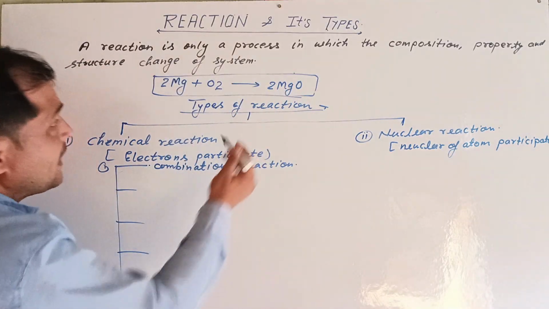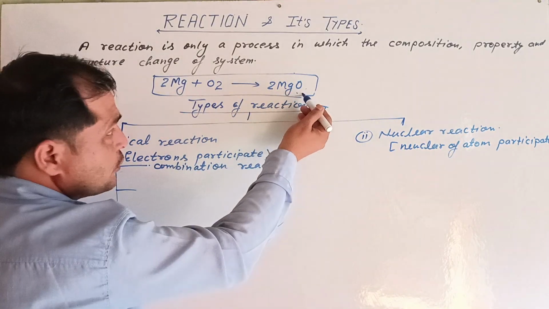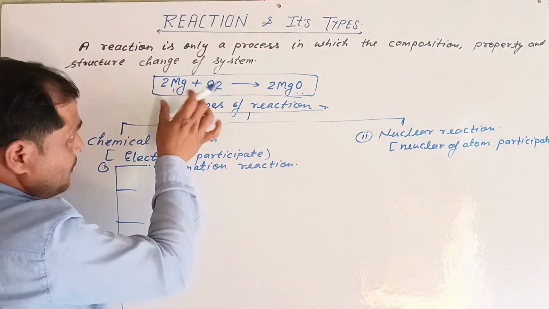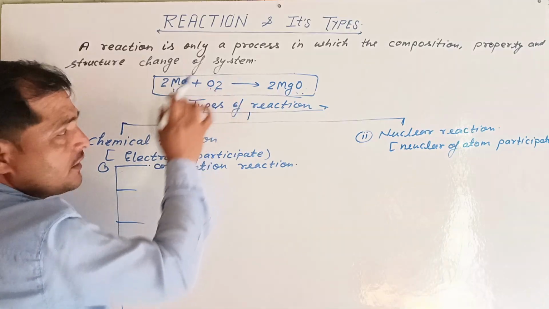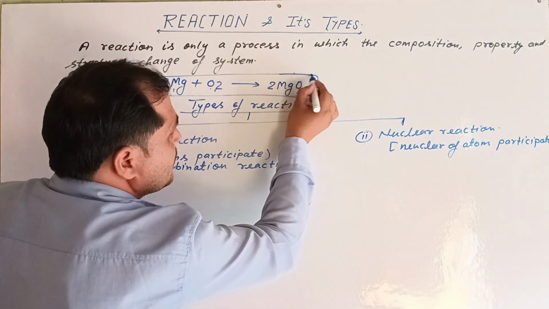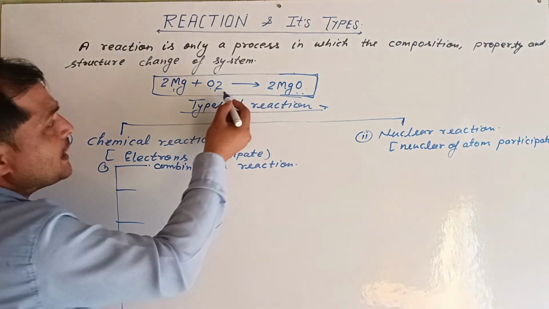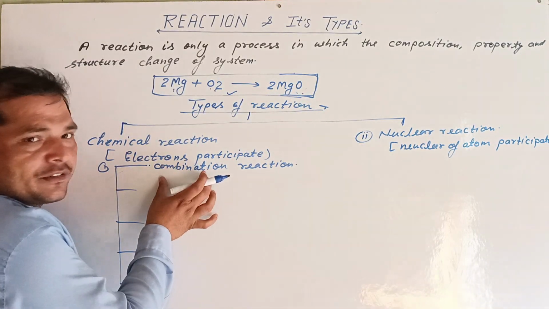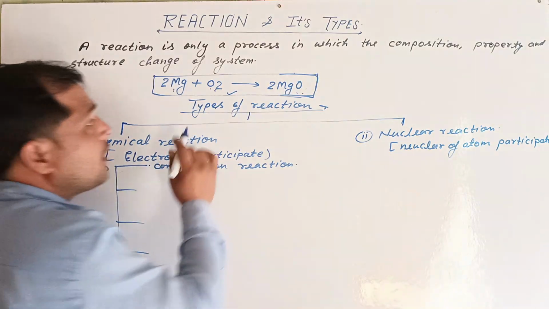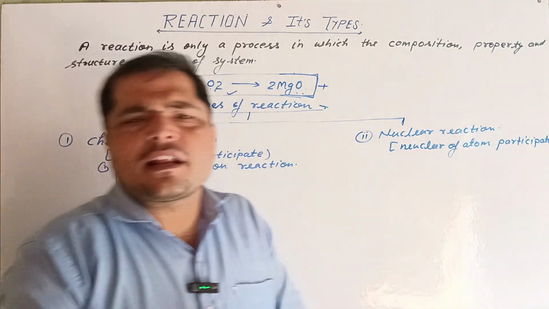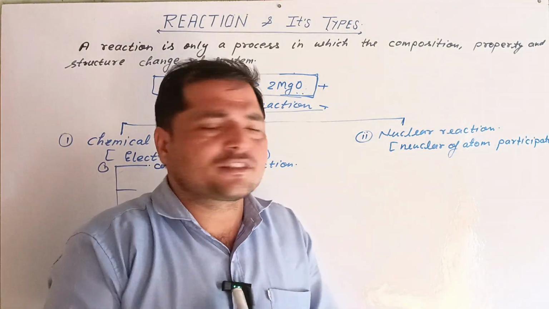By the combination of magnesium and oxygen, the product is in the form of MgO, magnesium oxide. So it is a type of combination reaction.